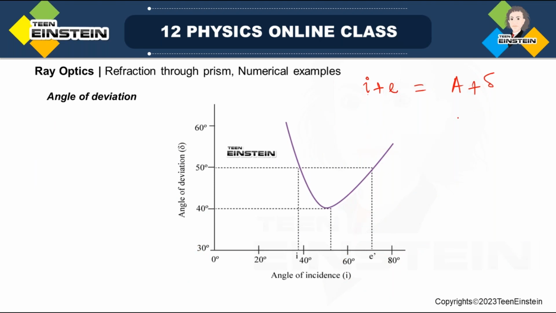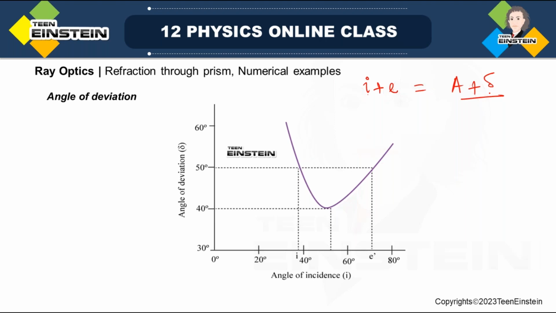Okay. So when a ray of light is refracted through a prism, the sum of the angle of incidence and the angle of emergence is equal to the sum of the angle of prism plus angle of deviation delta of the light. Okay, so this is fine so far.